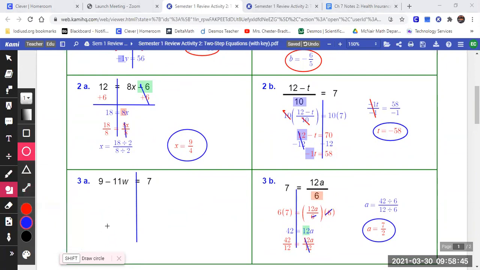What happens first? Are we going to big 0 first, or are we going to big 1 first? We're going to big 0 first because we see addition and subtraction. How are we going to big 0?